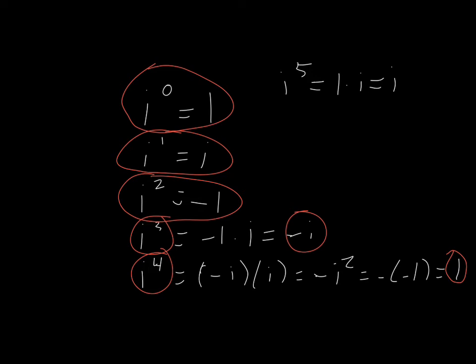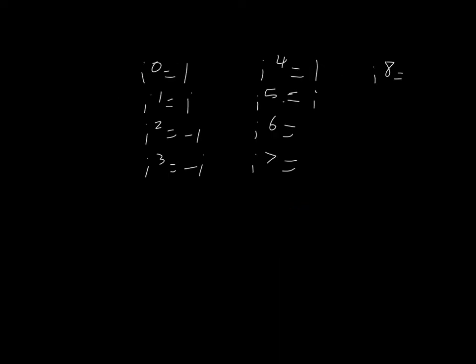I'm going to pause and then delete this and arrange it a little bit better for you. All right, let's have a look at this. You see I've got my first four, i to the 0, 1, 2, 3, and you can see I have a 1, and then i, and then -1, and then -i.